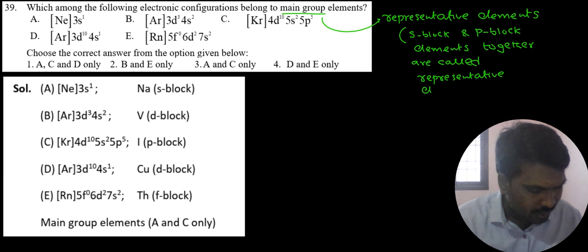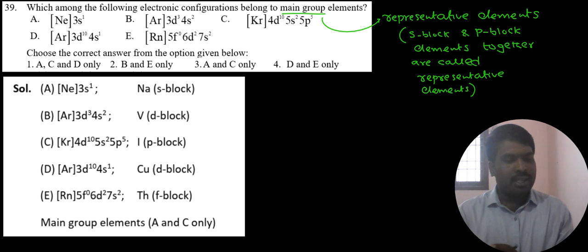Understood? So S block and P block elements together are called representative elements.